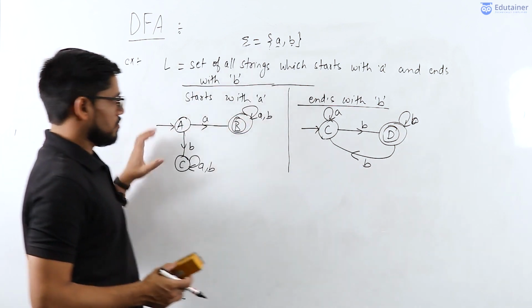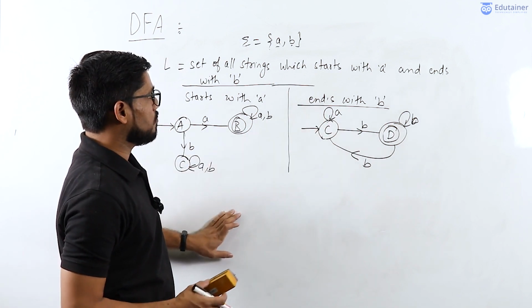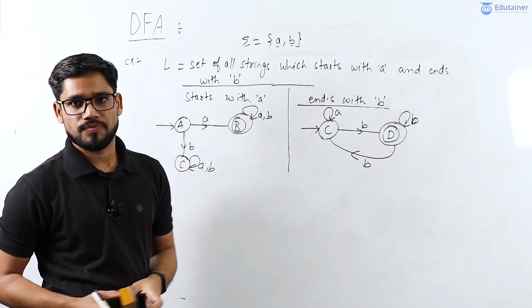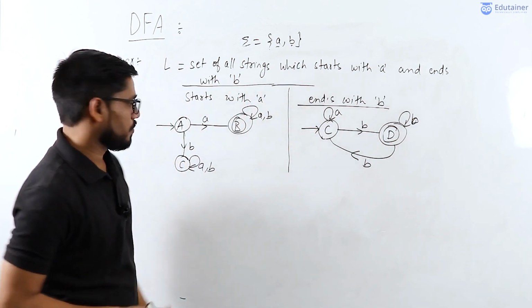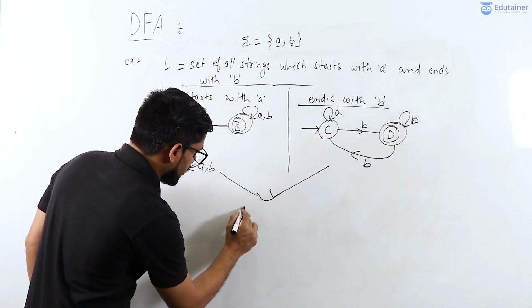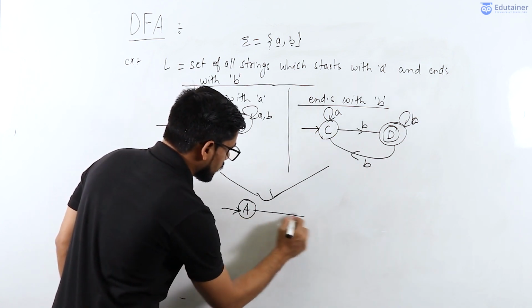Now I can join these two DFAs and make a single DFA which accepts the set of all strings which starts with A and ends with B. Understood? So the final DFA will look like this. I will take A as the initial state.